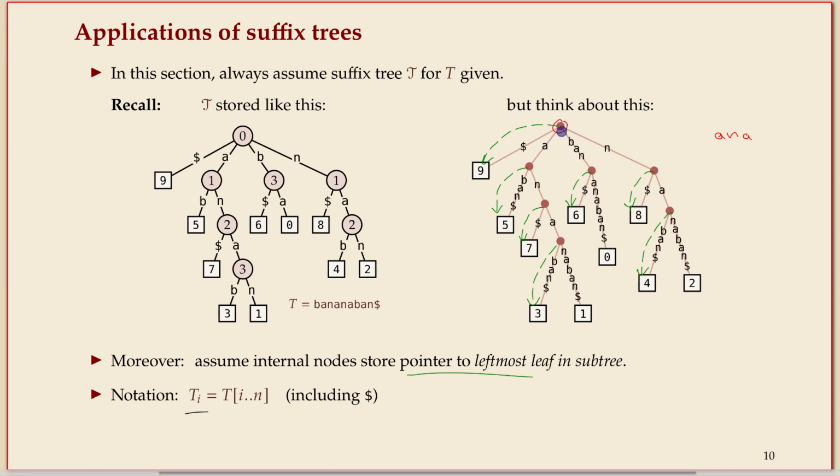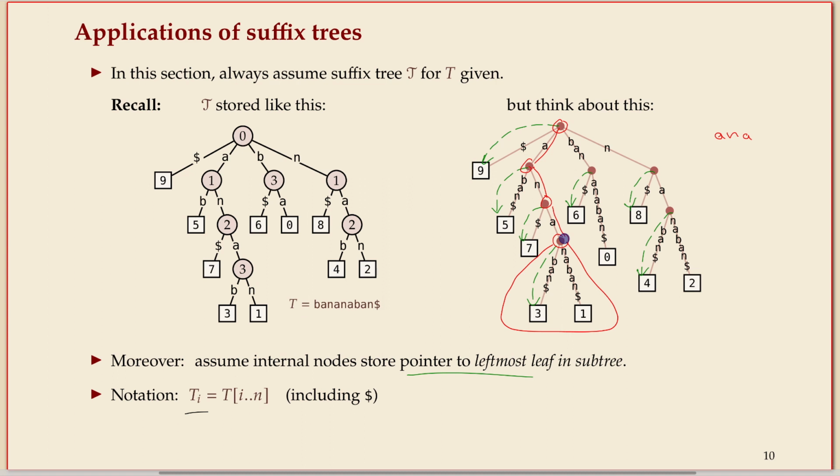Start at the root, A, N, A. We end up here. That's what happens. What does that tell us? It tells us that, first of all, we didn't fall out of the tree. So we didn't get stuck in some way. And following this green pointer, or just looking at the subtree here, we see there's two leaves.